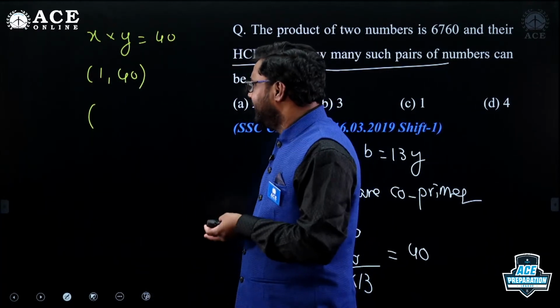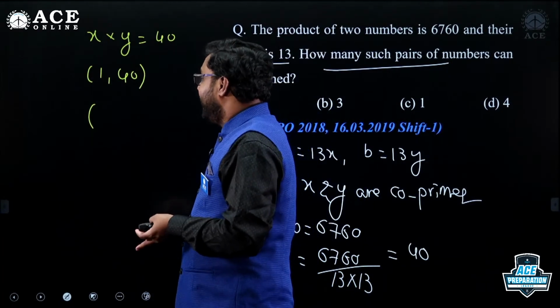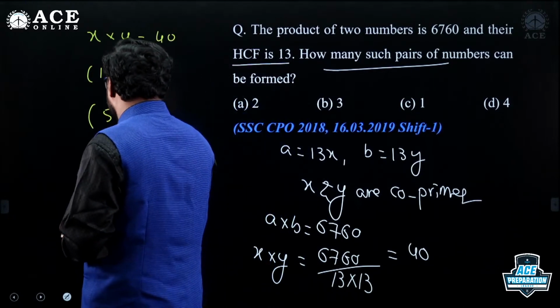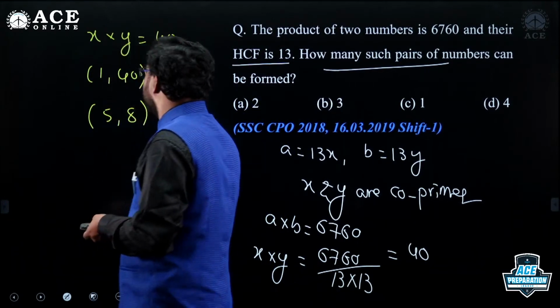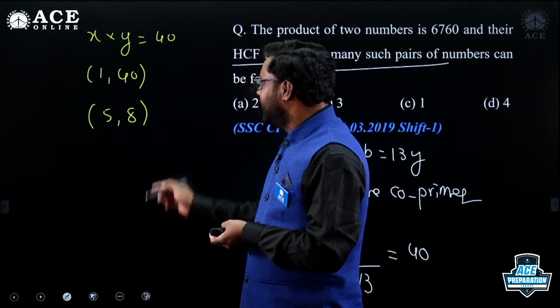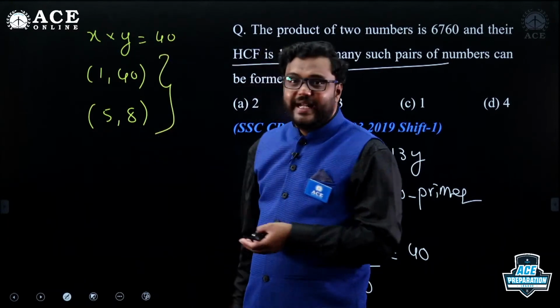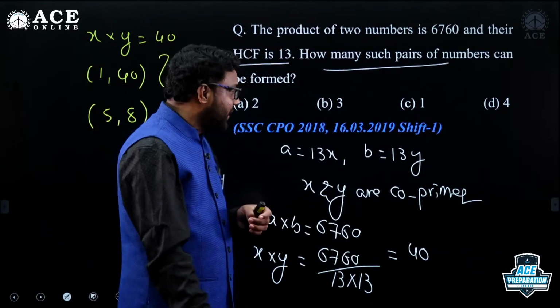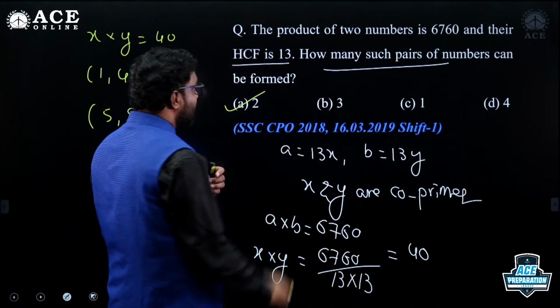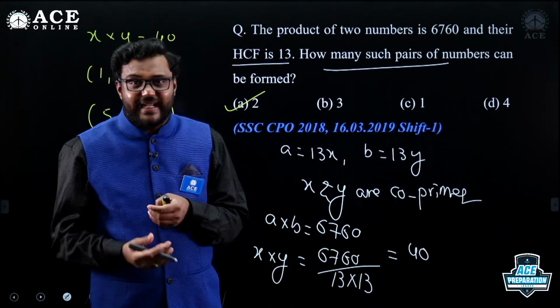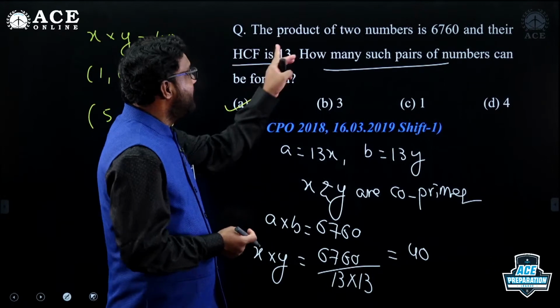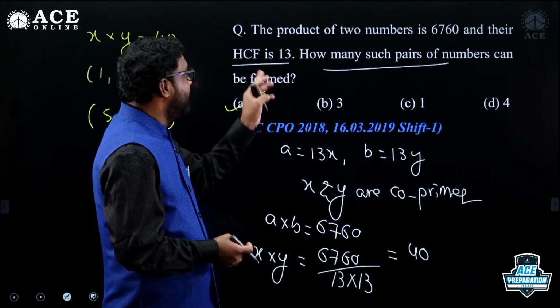Then 4 and 10, no. 5 and 8, okay. Don't take 8 and 5, again same thing. 6, no. 7, no. These are the only two pairs satisfying, my dear friends. So answer is 2. How many such pairs are satisfying? Product of two numbers and HCF they given.